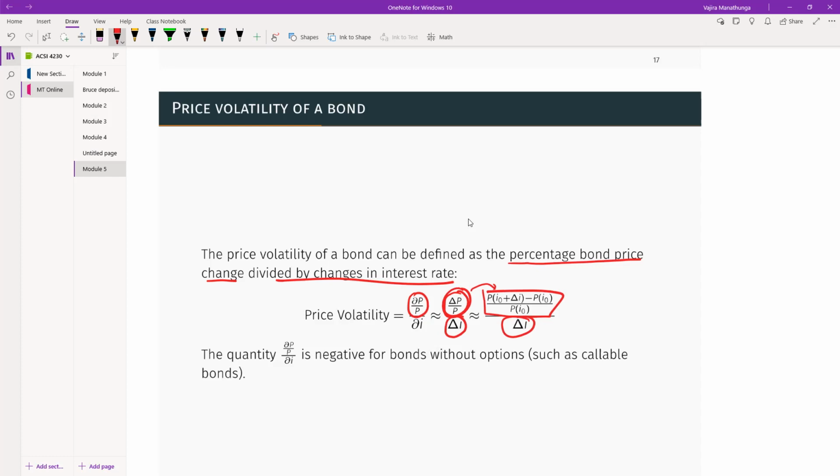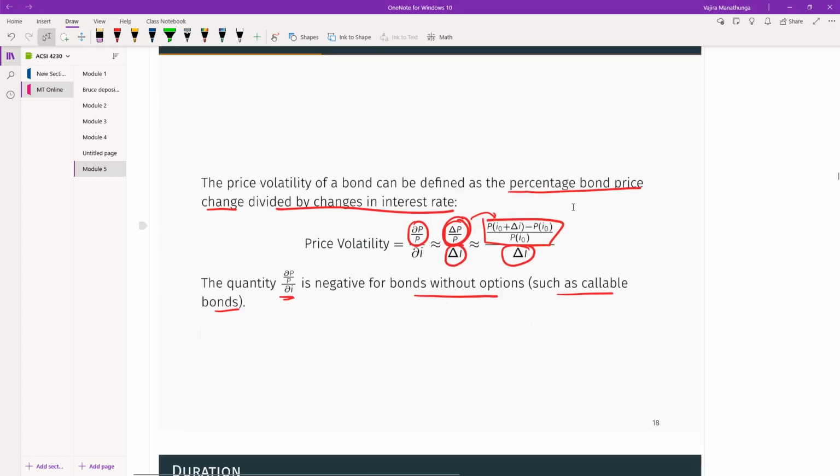This quantity is going to be negative for bonds without options. The callable bonds are bonds with options.